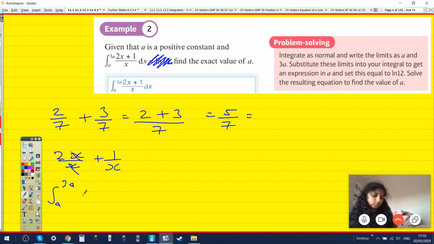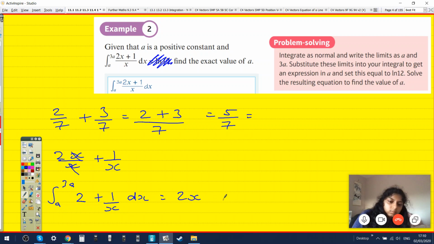So 3a, 2 plus 1 over x. And so that is 2x plus ln magnitude x. And we had 3a and a.